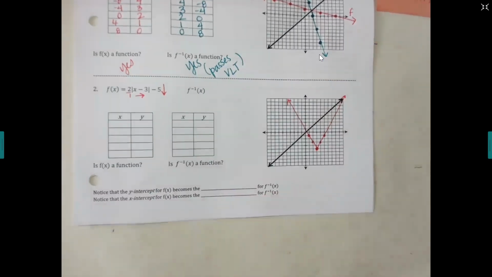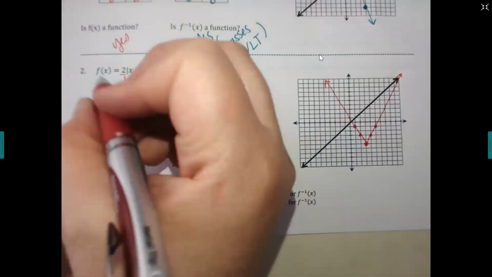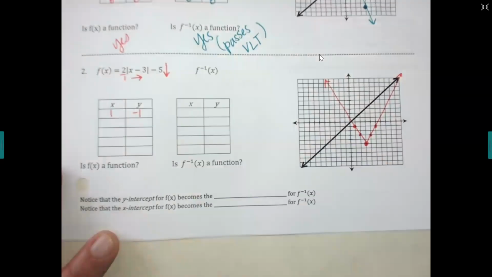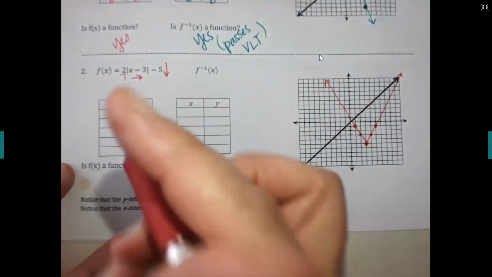So let's start with this point right here. Can you tell me the coordinates x comma y for that point? What would that be? 1, -1 is correct. Okay, my next point is right here. 2, -3, thank you, that is correct.